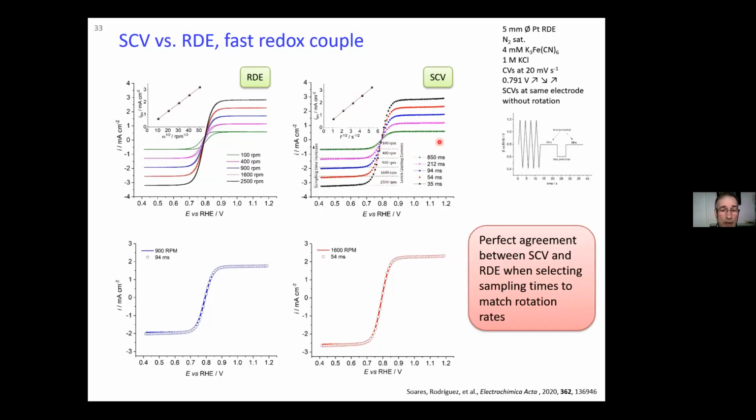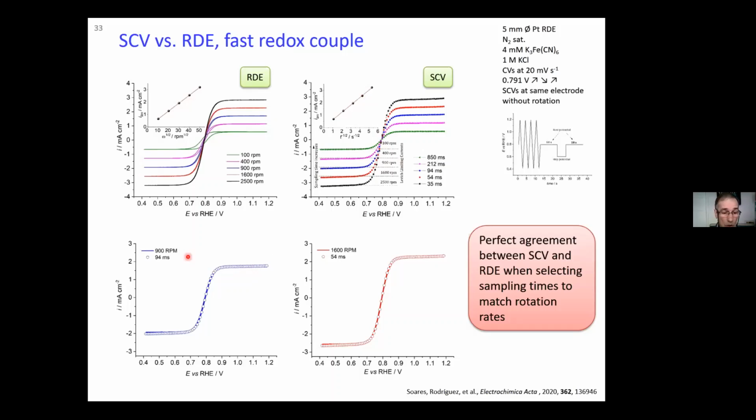And you can see that there is a very good correlation, provided that these sampling times have been selected, as I showed you before. And if you take the limiting current, but this time plotted against 1 over the square root of time, again you observe a nice linear relationship, as expected for mass transport conditions.